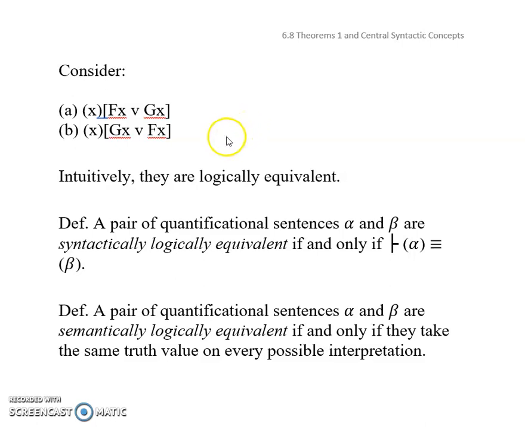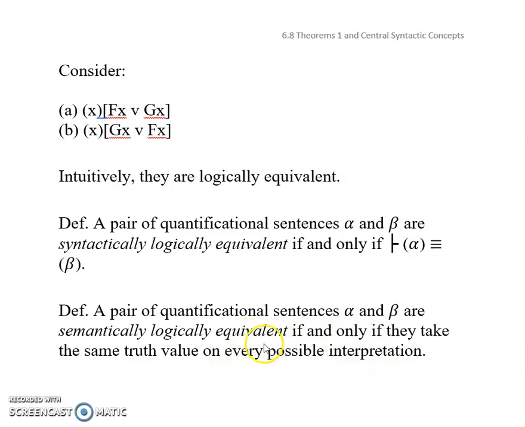If you hearken back to chapter 5, when we were doing quantificational semantics, we saw that a pair of quantificational sentences are semantically logically equivalent if and only if they take the same truth value on every possible interpretation. Now, we could not prove two sentences like these two to be semantically logically equivalent using those semantic techniques expounded in chapter 5, because there are just too many possible interpretations.